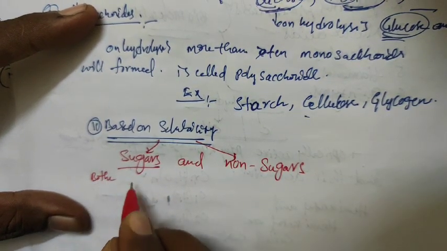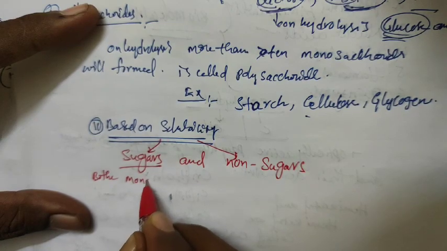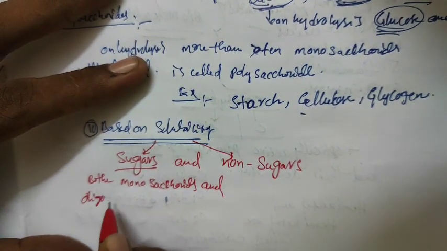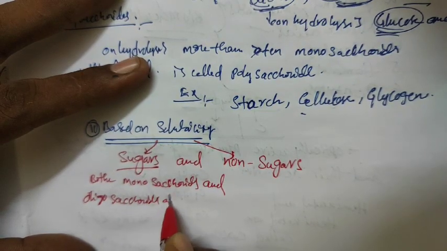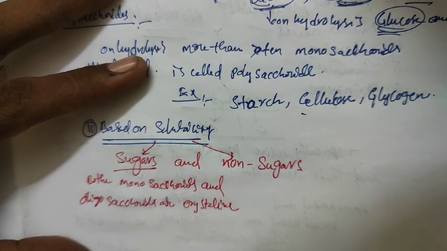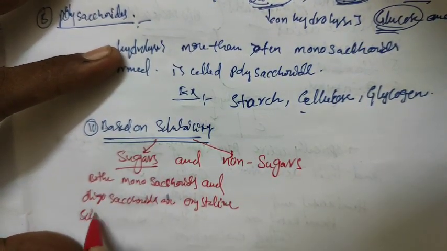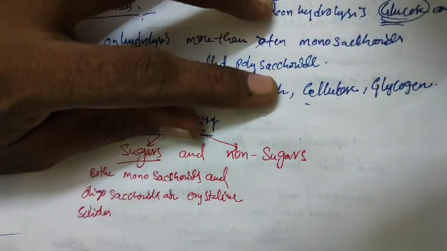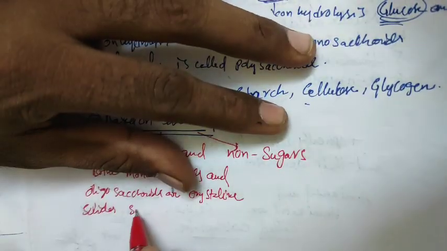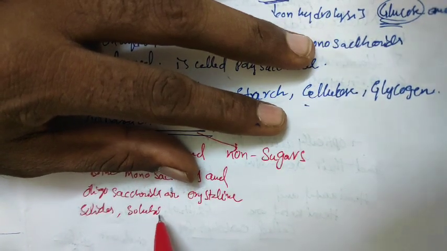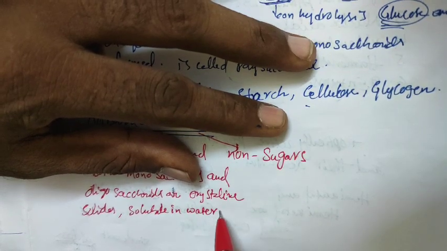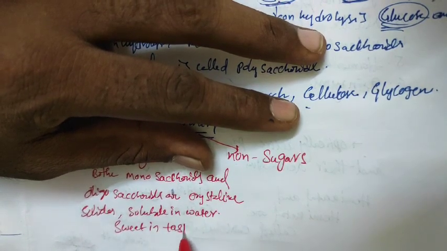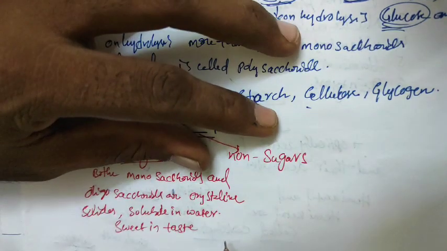Both are soluble in water and sweet in taste, so they are collectively called sugars.